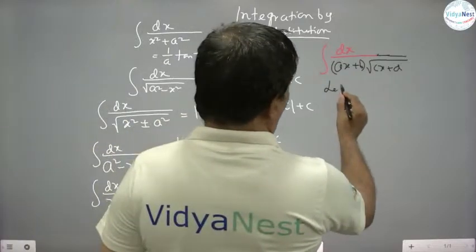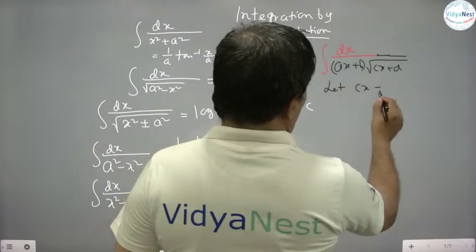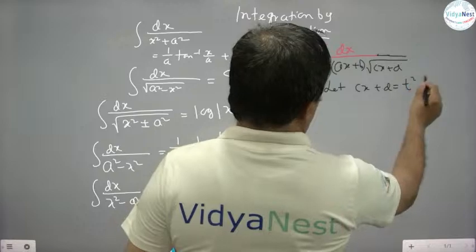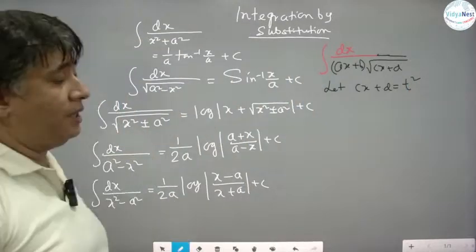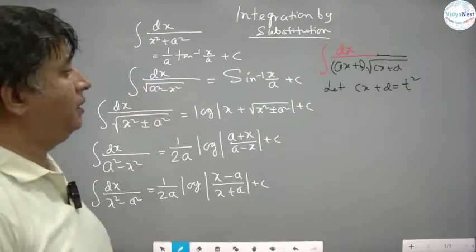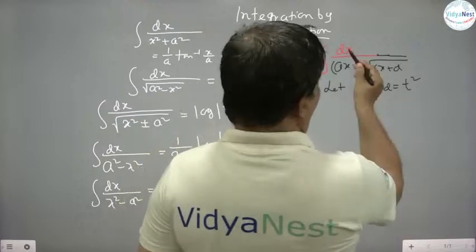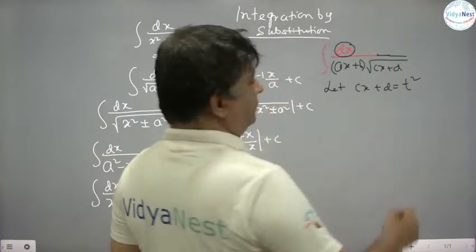Here cx plus d will be t square. Understand, cx plus d is equal to t square. Then you differentiate, you change dx to dt. Okay.